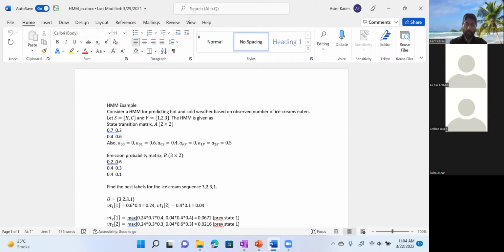So in this example, let's say if we convert this example to the likelihood problem case, then what we are desiring is we want the probability of this sequence 3, 2, 3, and 1. What is the probability that on 4 days, a particular person would eat 3 ice creams on the first day, 2 on the second, 3 on the third, and 1 on the fourth? इसकी probability हम निकालना चाह रहे हैं.